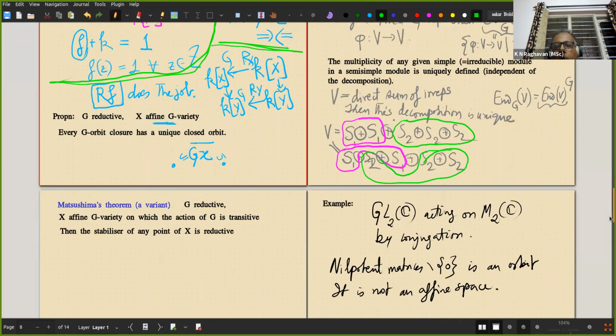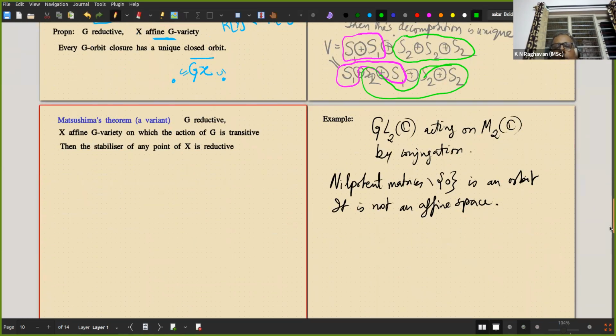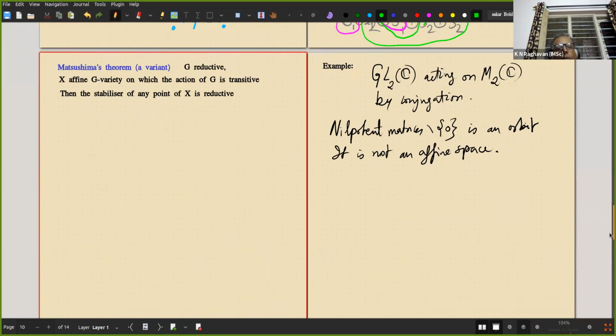Okay, let's come to Matsushima's theorem. Let me just give the statement here. I will not try to give a proof, but this gives an example of how to produce reductive groups. That is another way of thinking about it.